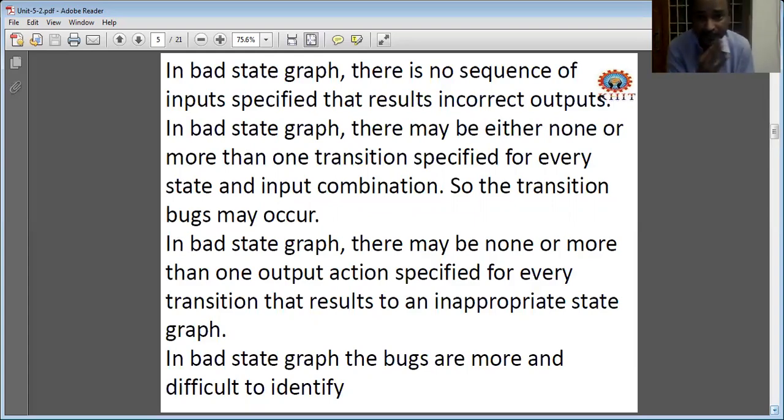But here there is more than one transition or none of the transitions, so we have transition bugs. That means transition bugs will occur.